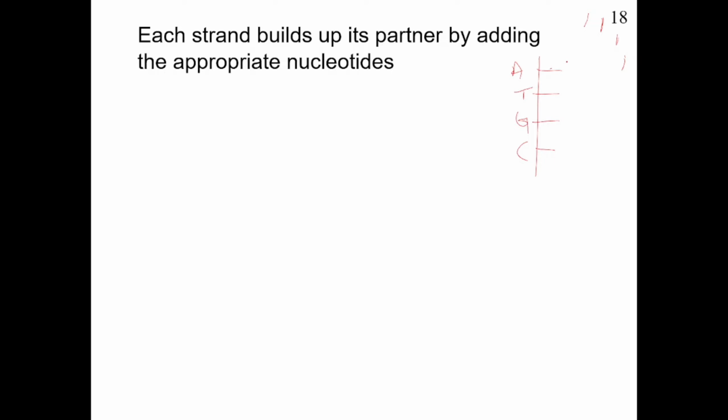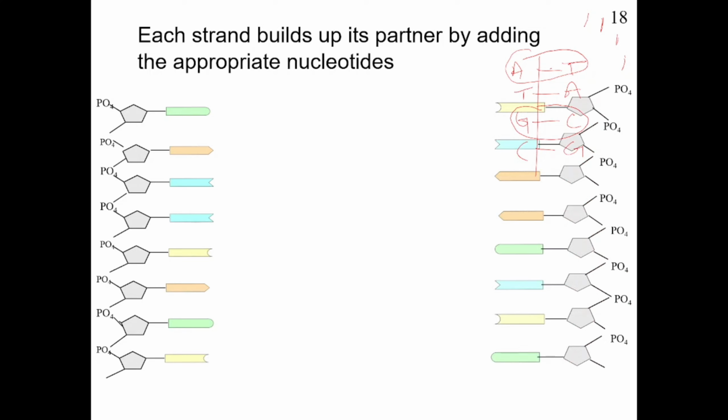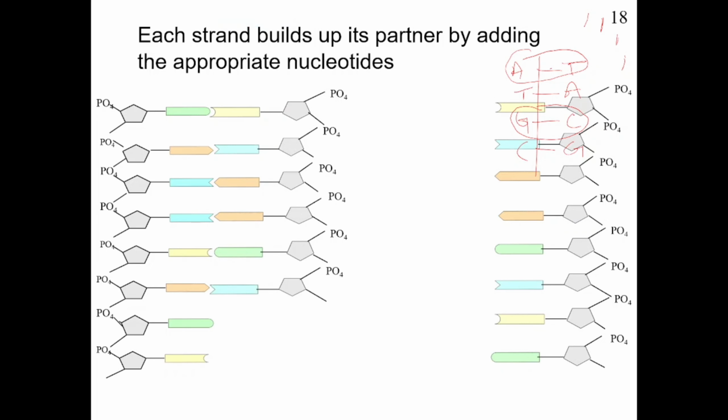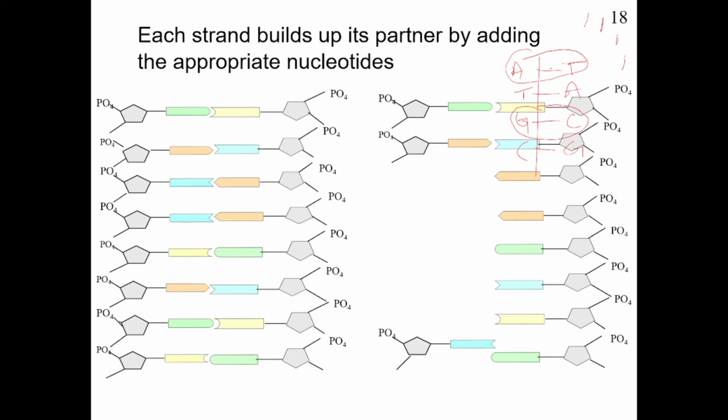Let's say this was A, then the opposite will be T, then A, G, then C, then G. A always binds with T and G always binds with C. See this animation. So in this way, we get two DNA strands.